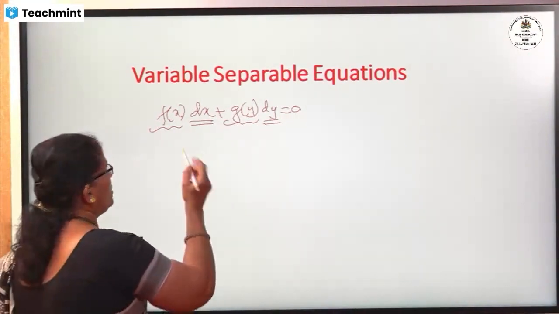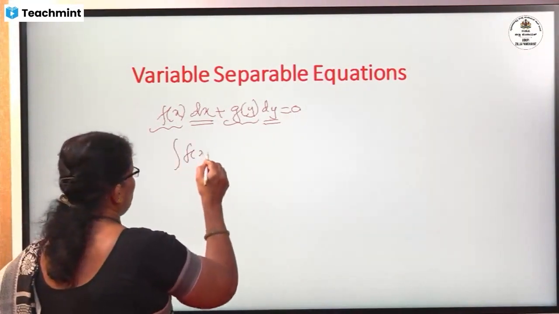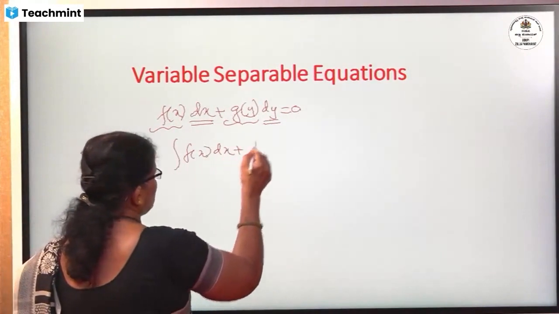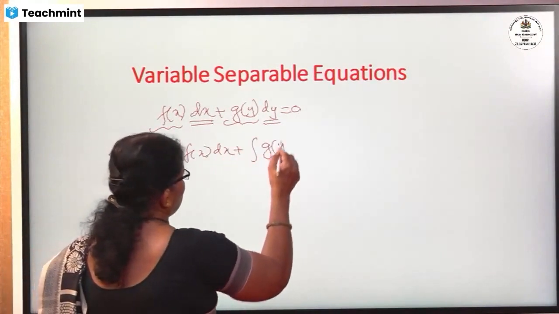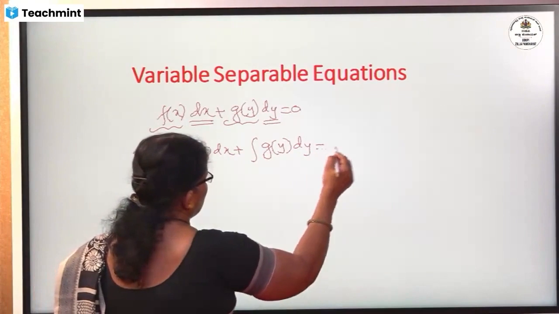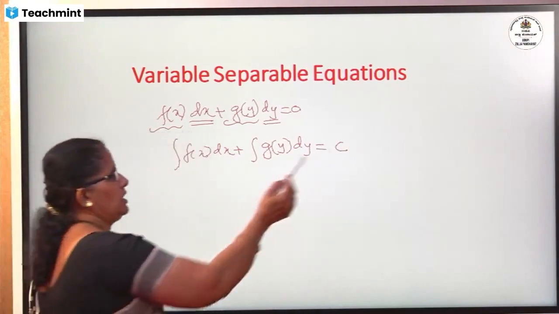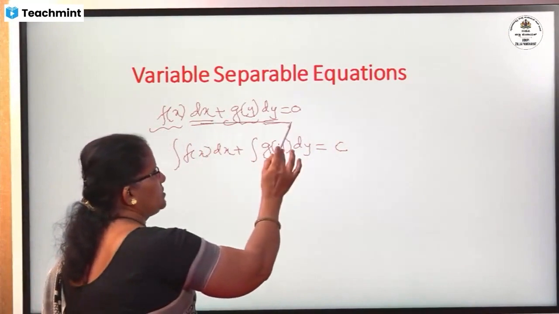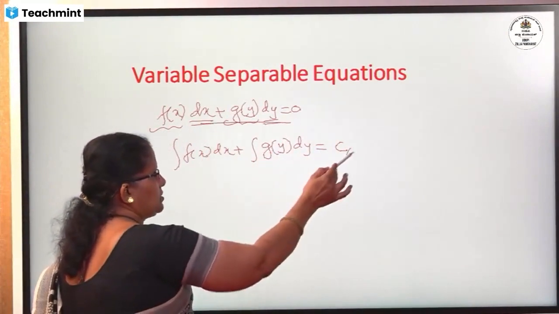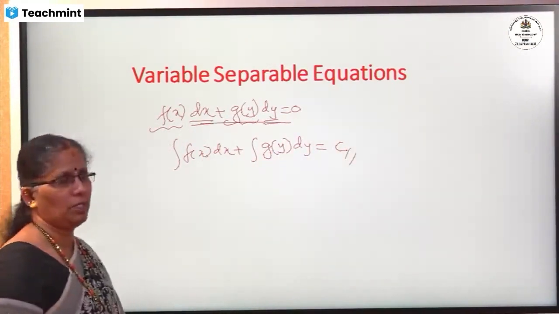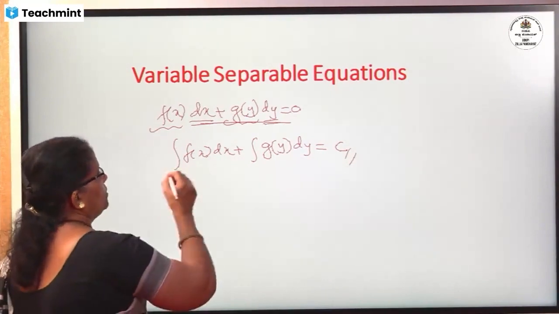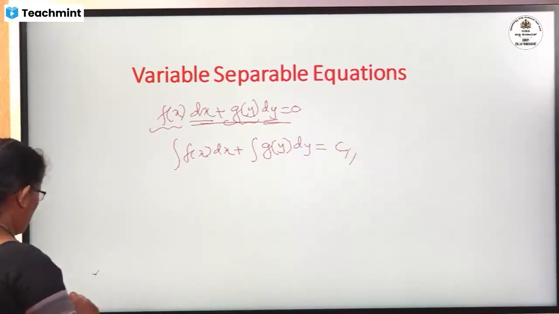And the solution of this is very simple. It is integral f of x dx plus integral g of y dy is equal to c, because whenever we integrate, we put a constant. Otherwise also, this is a first order differential equation, so its solution should have one arbitrary constant. So variable separable equations are easy to solve.